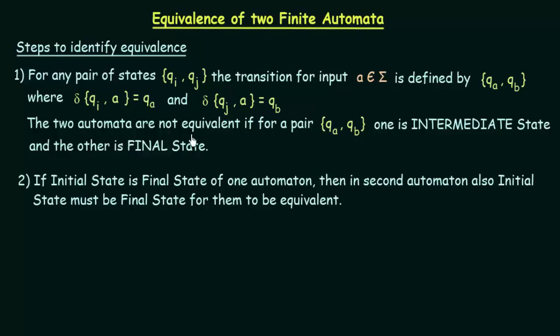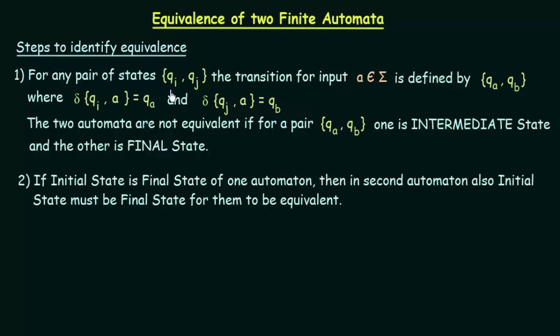The two automata are not equivalent if, for a pair qa-qb, one is an intermediate state and the other is a final state. What we mean by this is that, suppose we have two automata, and we select pairs of states, one from the first automaton and the other from the second, and let's say we get a pair qi-qj. Then let's say we have an input a which is there in both automata, and we see the transition of this pair on getting the input a.